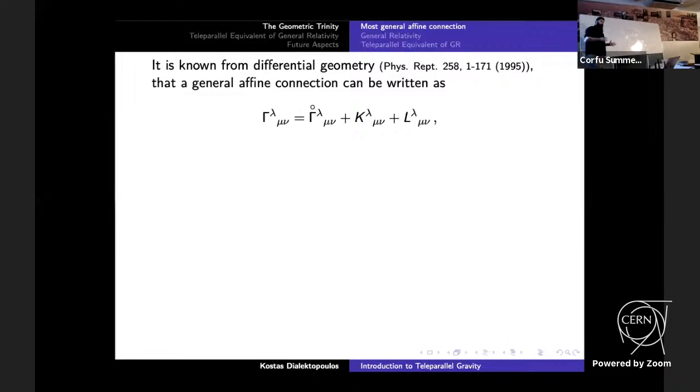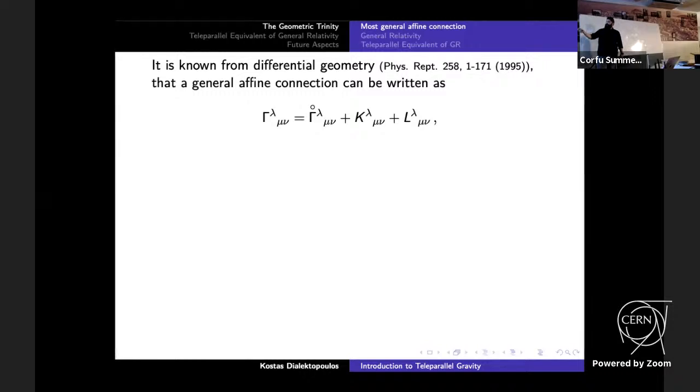In general, a manifold in differential geometry is described by a metric and a connection. These two quantities are independent of each other. They are not in principle related, even though in GR they are. The most general connection that one can write down has this form. The first gamma is the Levi-Civita connection.